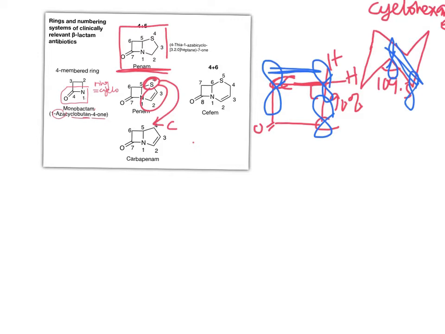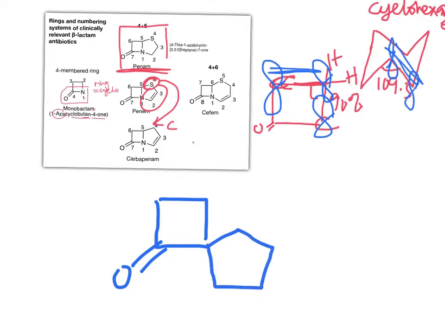So if you have, say for example, a cyclobutane, or butanone, and if the fusion, the linkage, is just at the end here, so you say they have it like that.